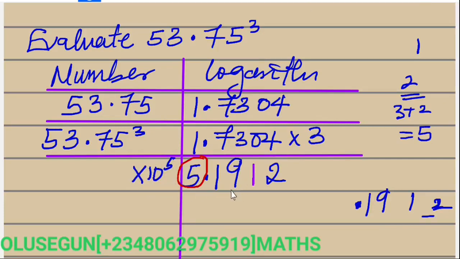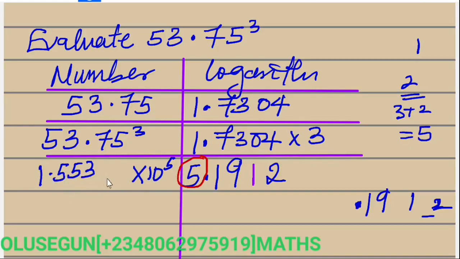The antilog of this will give you 1.553. So now let's multiply the 1.553 with 10 raised to power 5. Let's count 1, 2, 3.